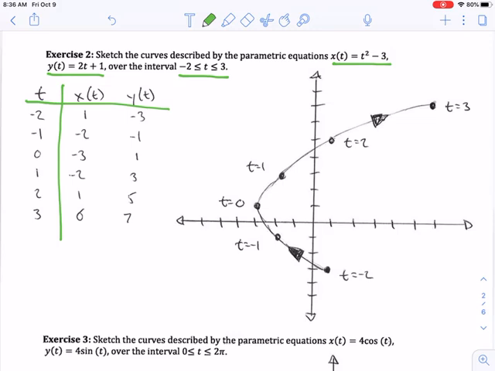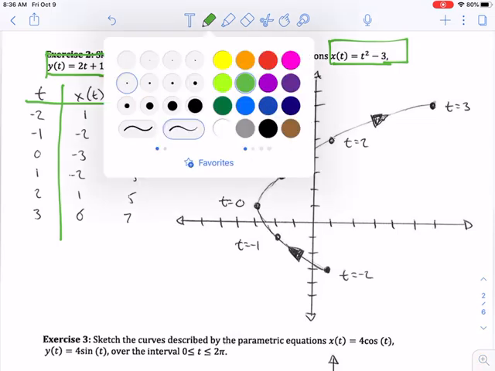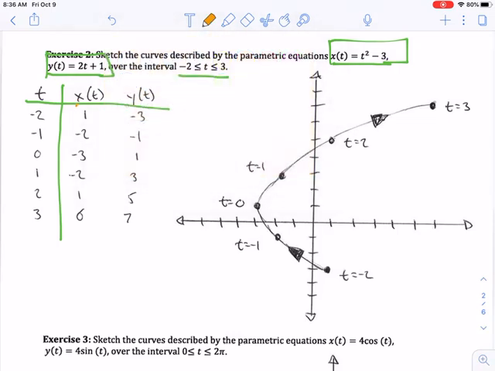And so we simply do that by taking x of t, substituting in -2. -2 squared is 4, minus 3 is 1. And y of -2, so when we evaluate function y at t equals -2, we get -4 plus 1 is -3. And so we've created a set of ordered pairs once we do this for all of the values of t.